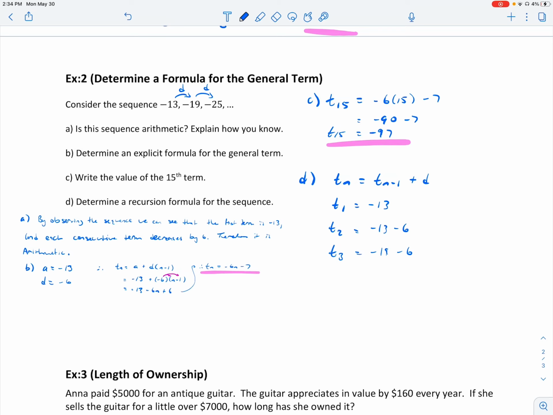So I also like to write it this way. T1 equals negative 13, and then T2 I write as T1 minus 6, and then T3 is equal to T2 minus 6. So it's really helpful to look at it this way because it shows you that each term is the previous term minus something. We can see that it's constant. So if I wanted to find the nth term, I would just take the previous term and then take away 6 from it. And that would be my recursion formula.